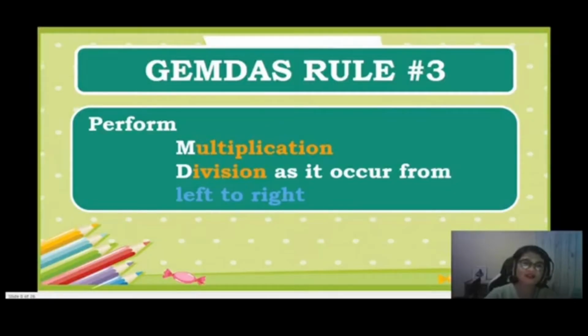Now, I want you to raise your left hand and move it slowly going to the right. Once again, left to right. And that is how to perform rule number 3 if both operations can be seen.